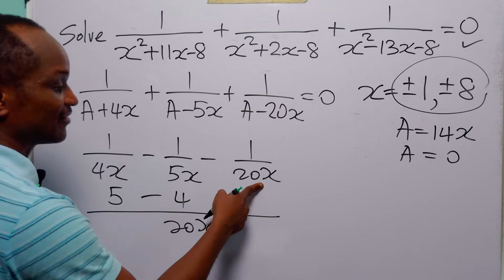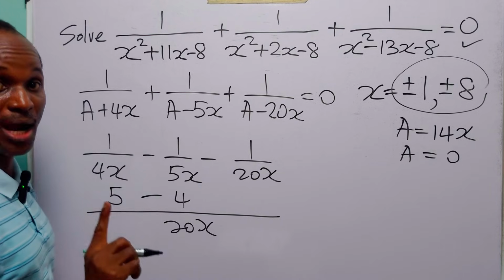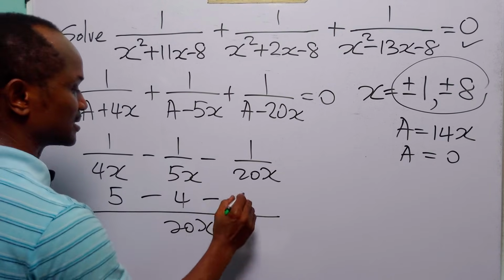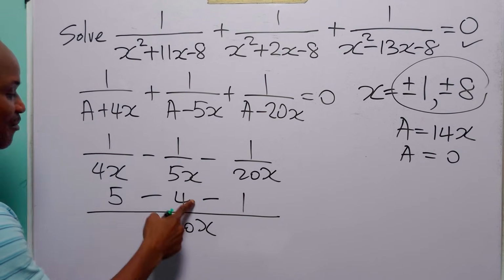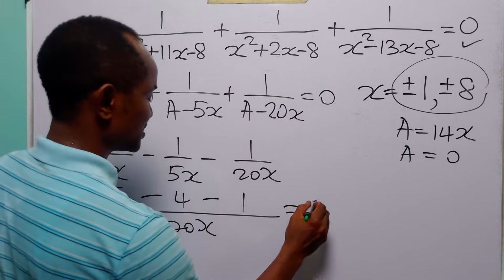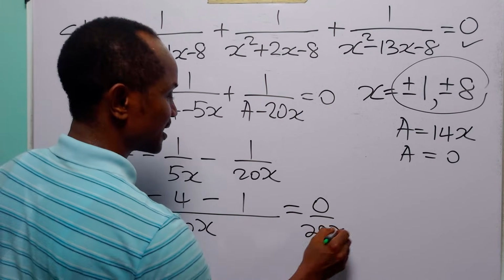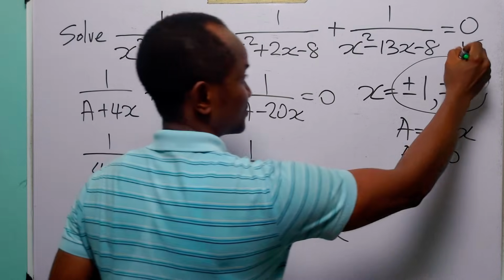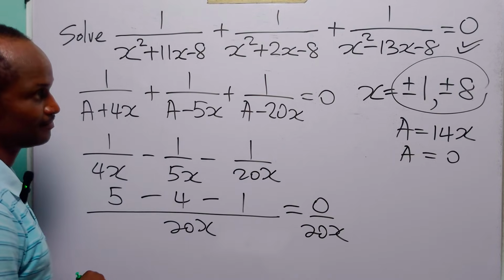And 20x divided by 20x is 1. 1 times 1 is 1. 5 minus 4 is 1. 1 minus 1 is 0. So this is 0 over 20x, which is equal to 0.